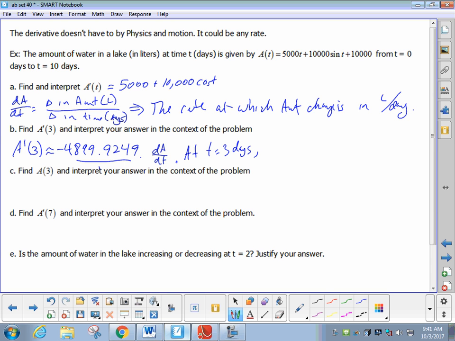The amount of water is increasing or decreasing? I'm sorry, I didn't hear you. Is decreasing at a rate of 4,899. I don't need to say negative because the decreasing covers that.